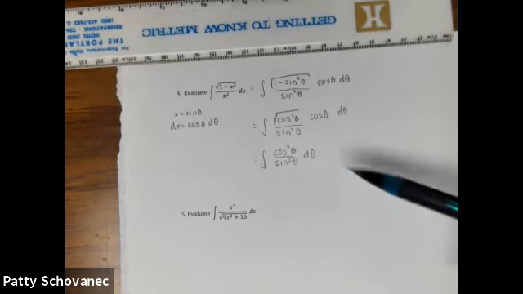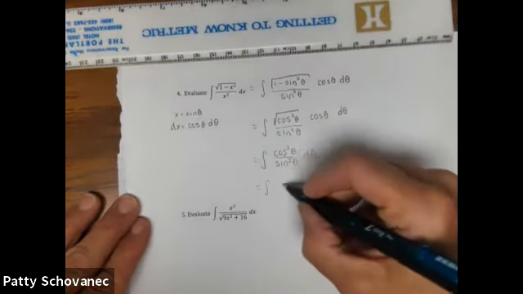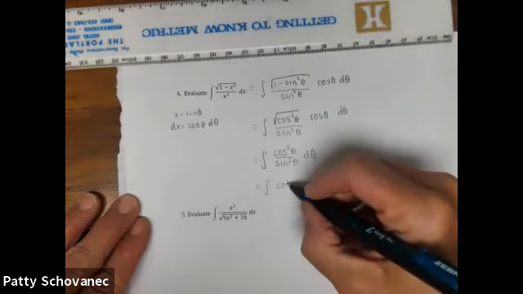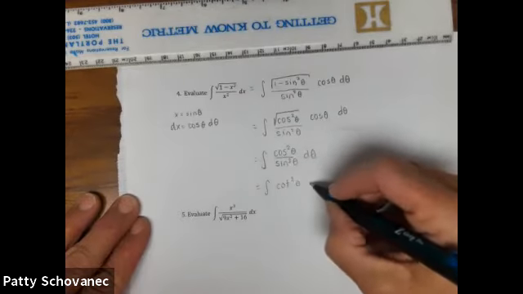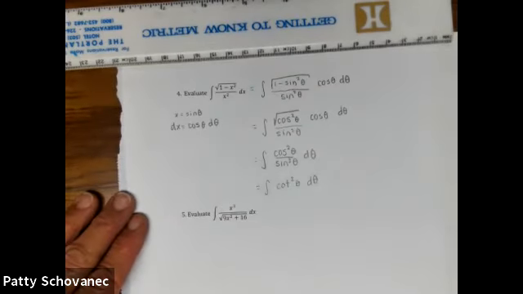So what I'm going to do is rewrite this as a cotangent squared. I don't know how to integrate a cotangent squared, but I do know how to integrate a cosecant squared.